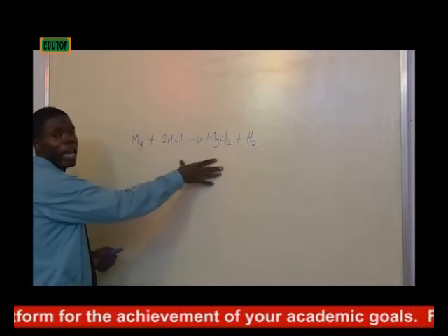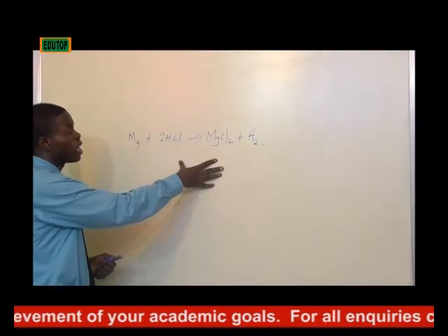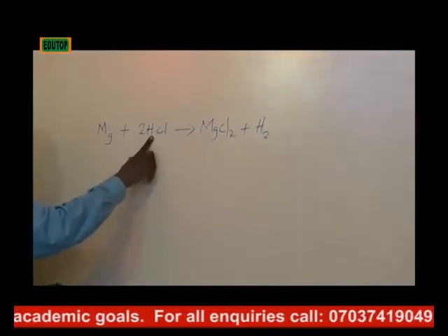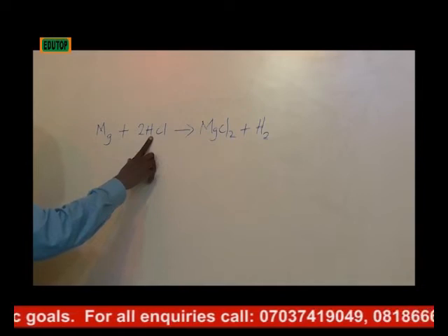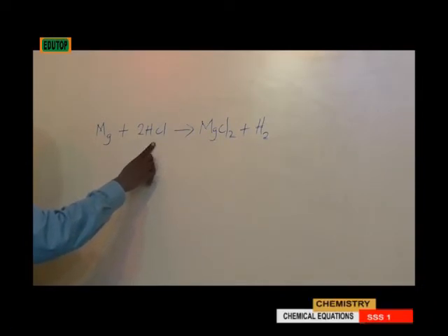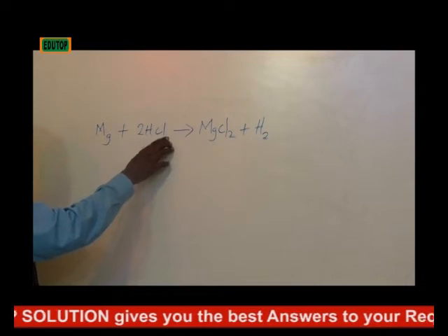What ensures the feasibility of this reaction is that magnesium is higher than hydrogen in the electrochemical series, making it more reactive than hydrogen. That is why it is able to displace hydrogen from hydrochloric acid.